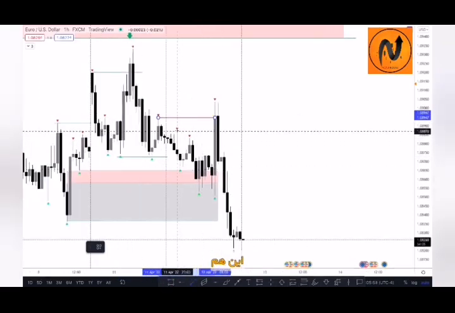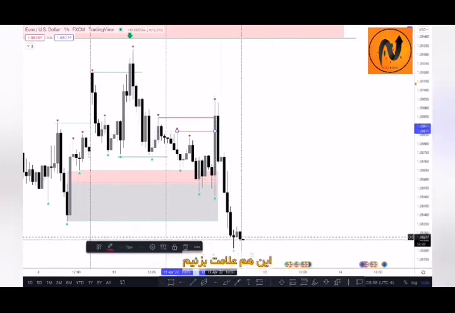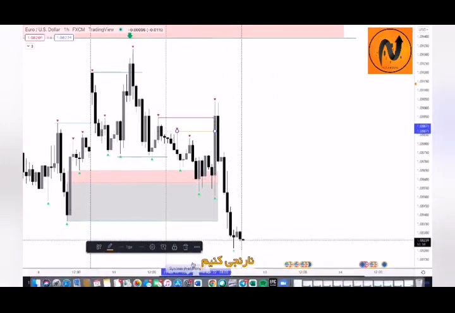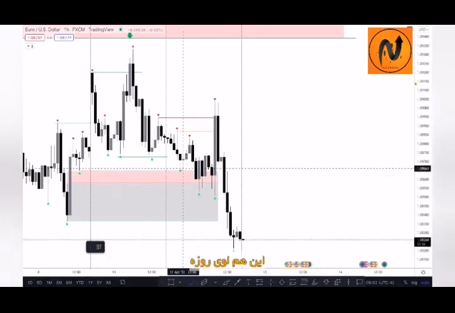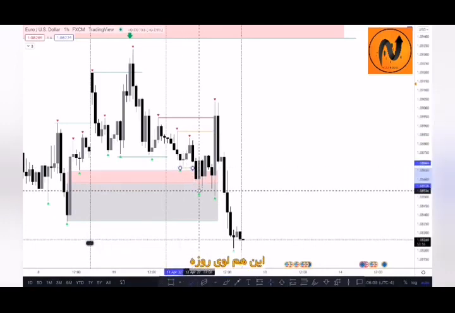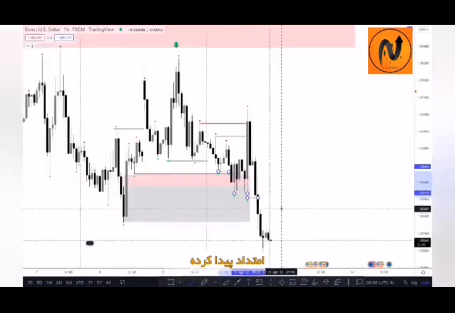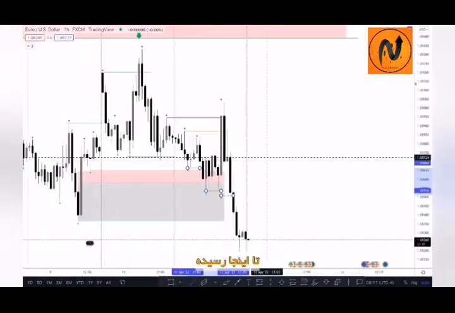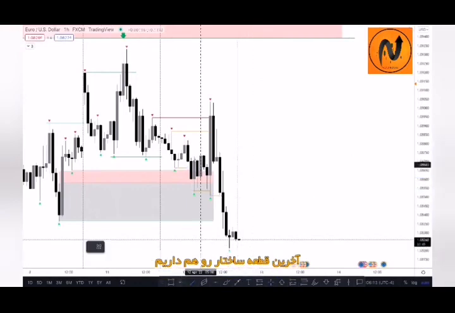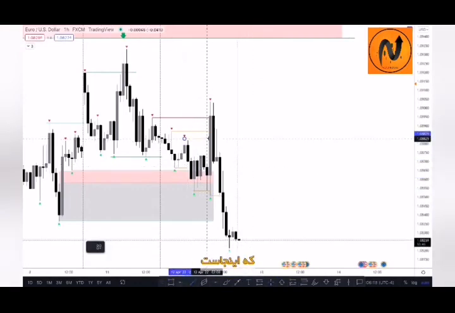And what else do we have? This was at one point the highs of the day. So we want to mark that in as orange, and we can clearly see that the lows of the day constantly expanded out until we came all the way down here. And then we also have one last piece of algo structure, which is right here.